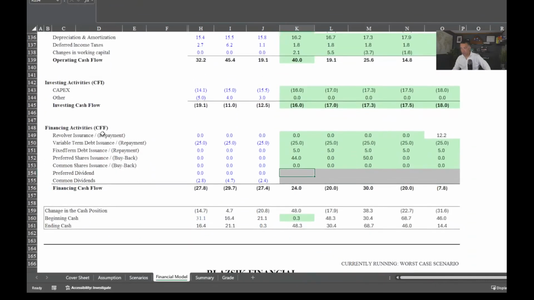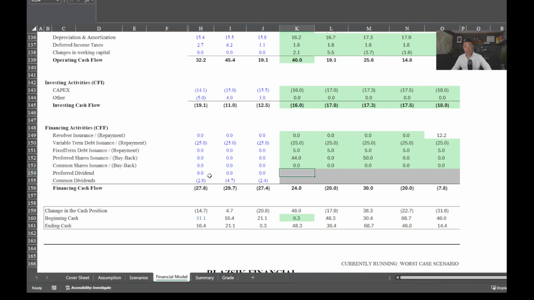And what I'm going to do is we're doing the financing activities of the cash flow statement. We want to know, is it a cash change, a positive or negative? We already plugged in the preferred share buyback. That's from the assumptions. All we're doing here is the preferred dividend and the common dividend. Again, this is going to be a positive or negative depending if it's a cash outflow or inflow.